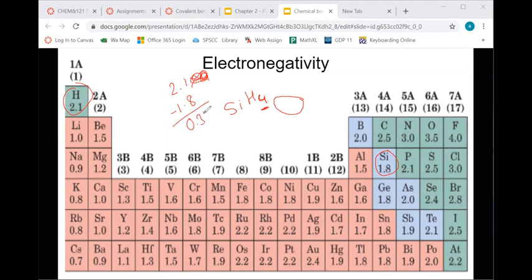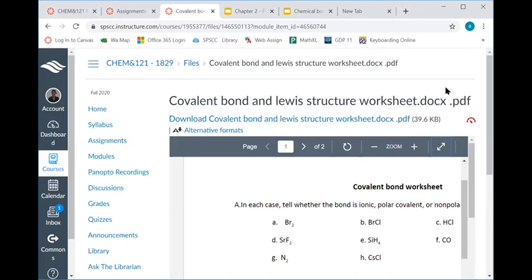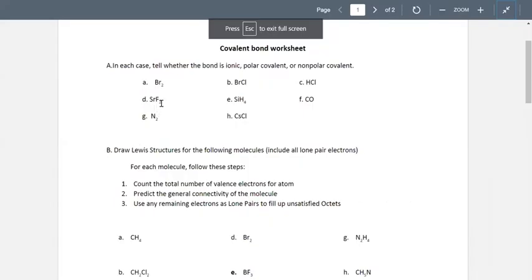So you're going to look at this and say whether it's ionic, polar covalent, or non-polar covalent. The same for here, where you have 2, it's the same thing.